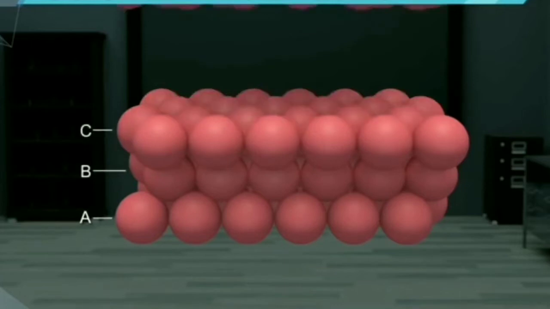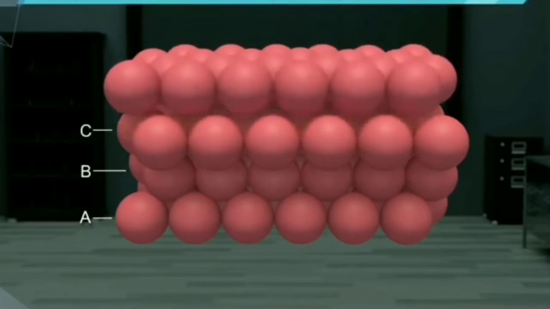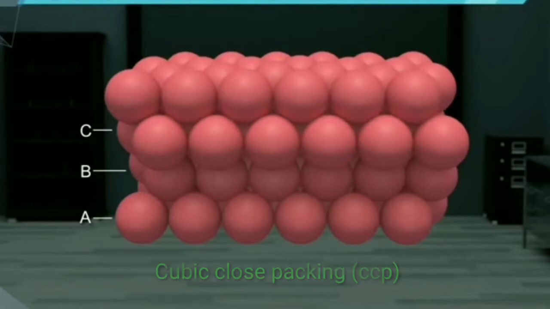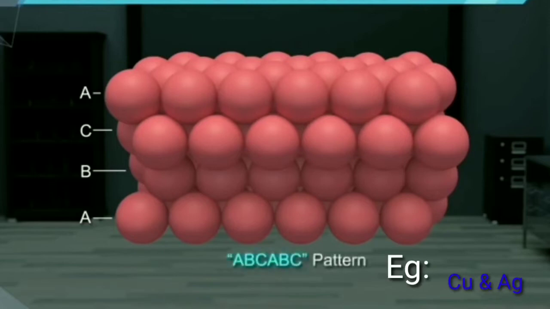So this type of arrangement is known as ABC type packing. Hence this structure is called cubic close packing or CCP, or face-centered cubic structure. Metals such as copper and silver crystallize in this structure.